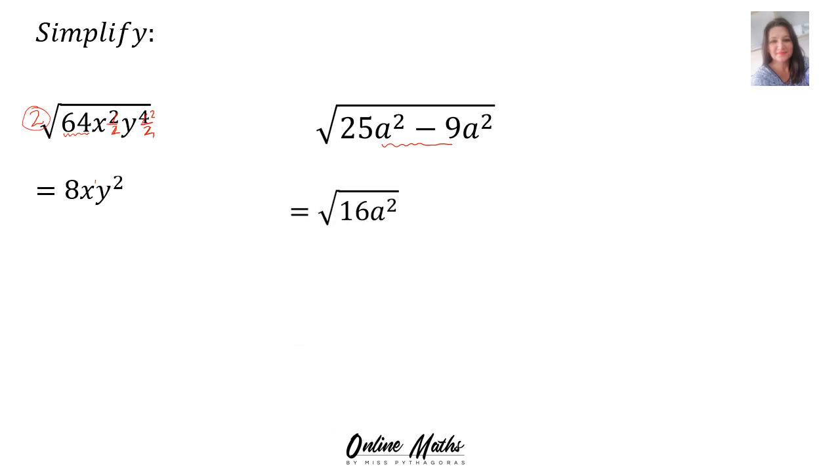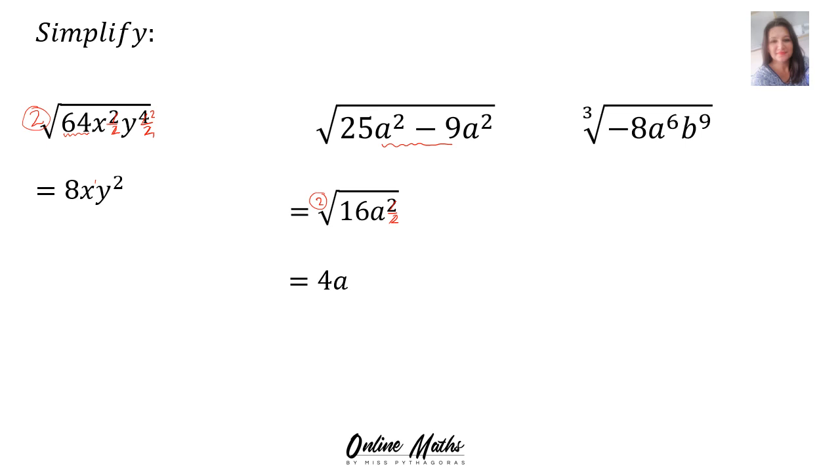So 25a^2 minus 9a^2 is 16a^2, and now there's the invisible 2. The square root of 16 is 4, and then for a^2 you divide by the 2, and 2 and 2 will cancel.